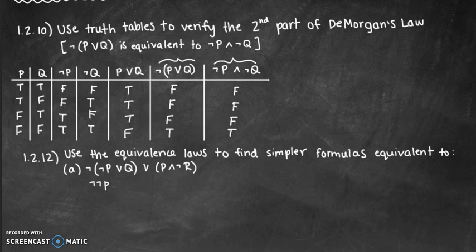The or switches to an and, and the Q is negated. And we're going to keep everything else the same. Now we're going to use the double negation law to simplify the P. Now I notice that there are certain things in common here.